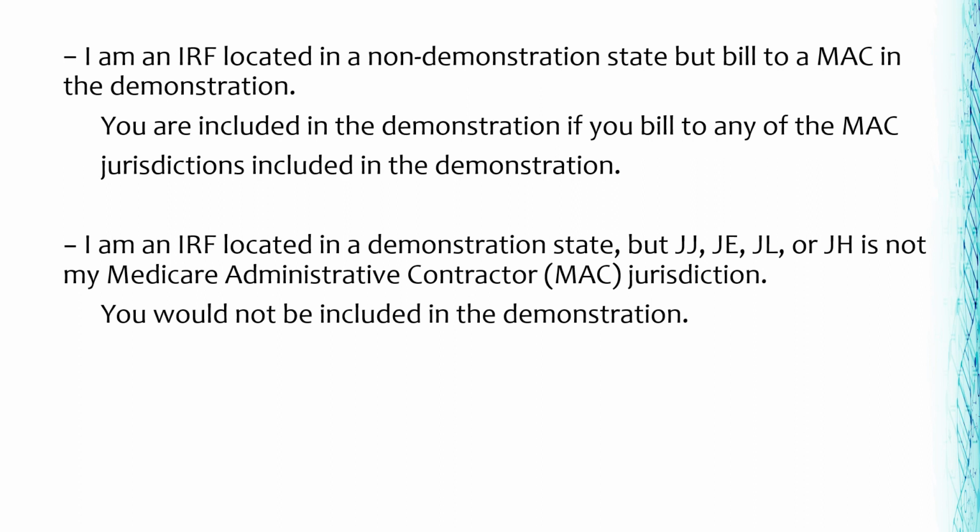You are included in the demonstration if you bill to any of the MAC jurisdictions included in the demonstration. Another example: I'm an IRF located in a demonstration state but JJ, JE, JL, or JH is not my Medicare administrative contractor or MAC jurisdiction. You would not be included in the demonstration.